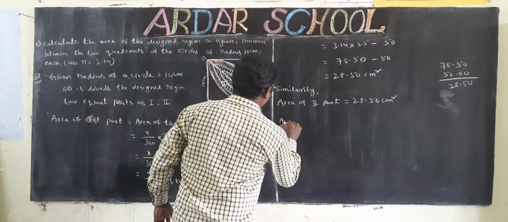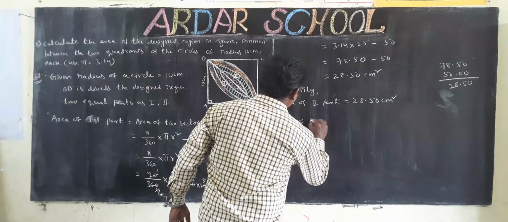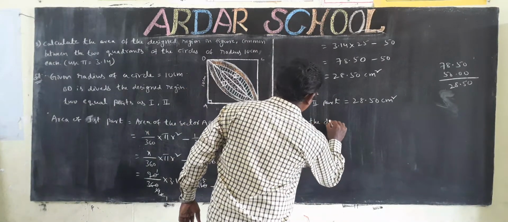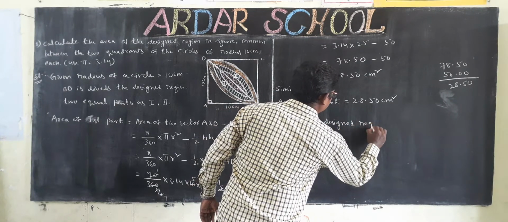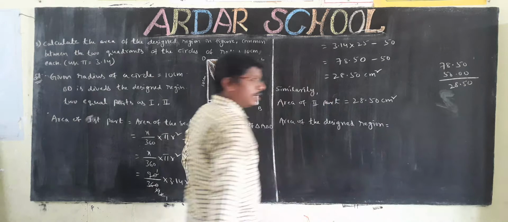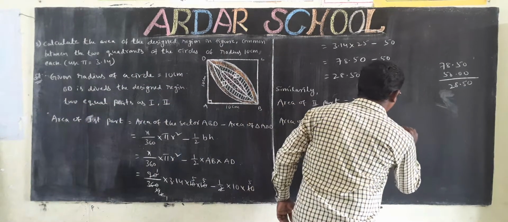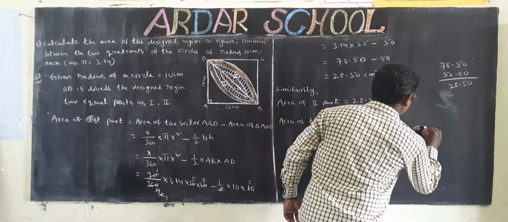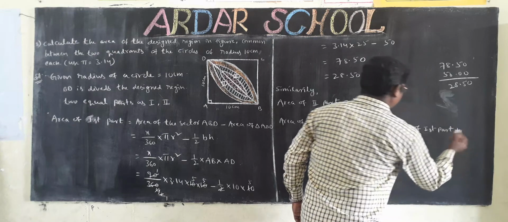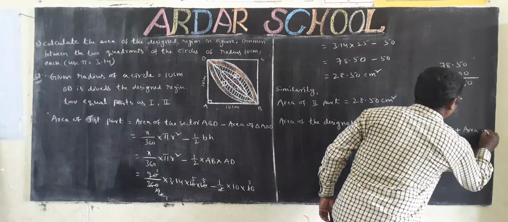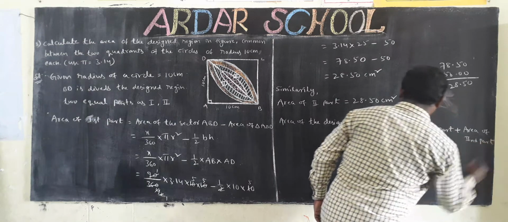So the area of the design region is equal to the area of the first part plus the area of the second part.